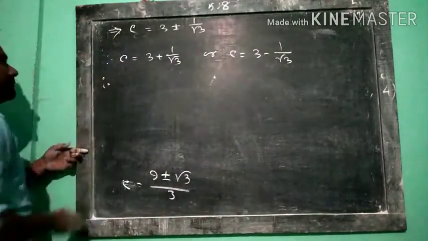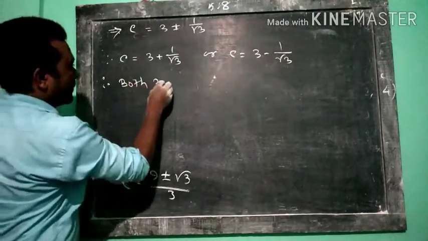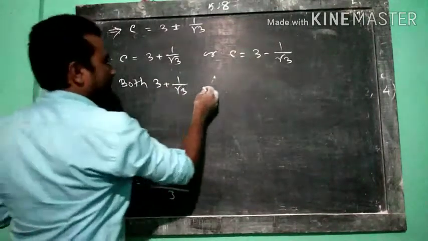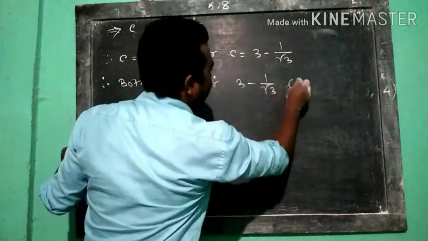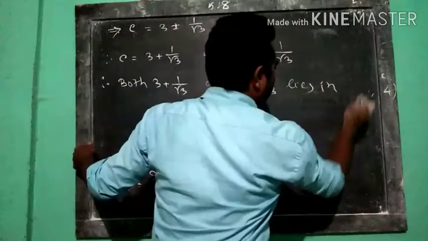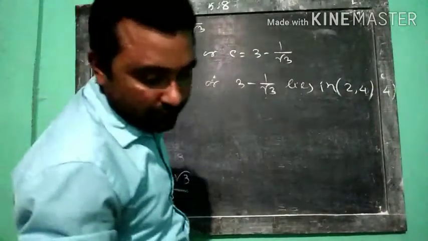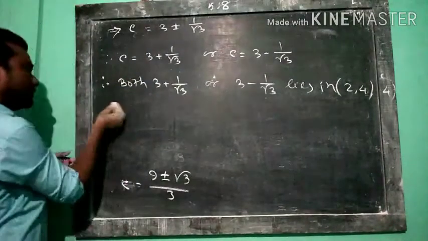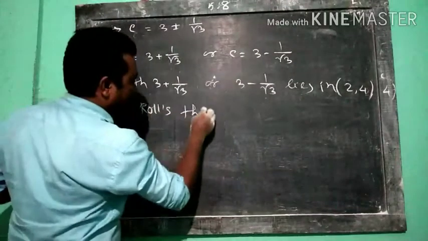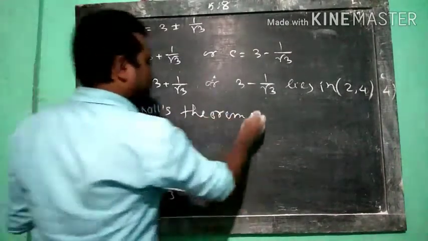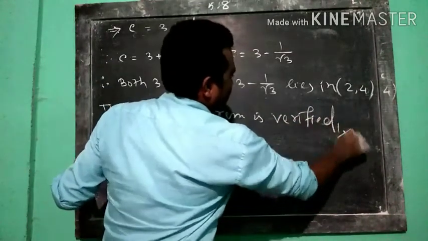Therefore both 3 plus 1 by root 3 and 3 minus 1 by root 3 lie in the open interval 2 comma 4. Thus Rolle's theorem is verified.